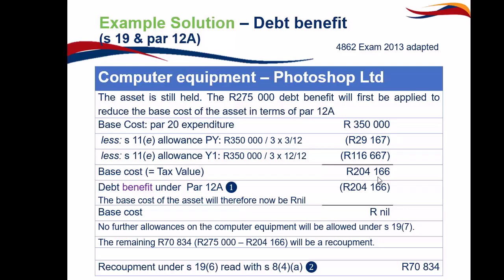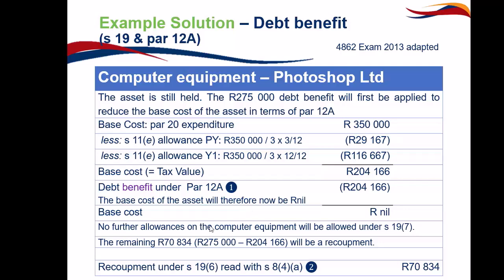204,166. So let's remind ourselves, how much was our debt benefit? Our debt benefit was 275,000. So what we're going to do is reduce our base cost to nil in terms of paragraph 12A.